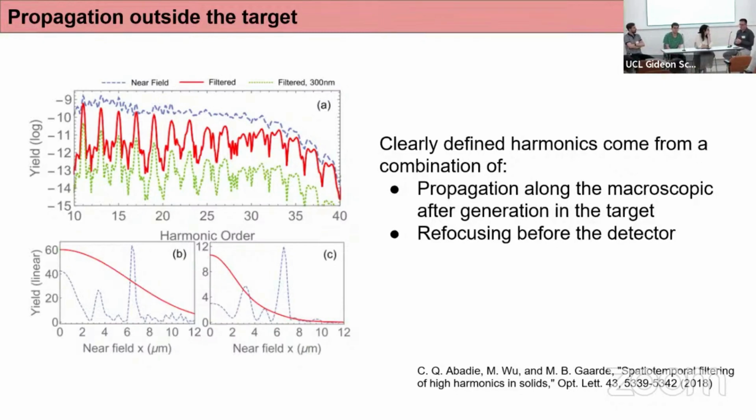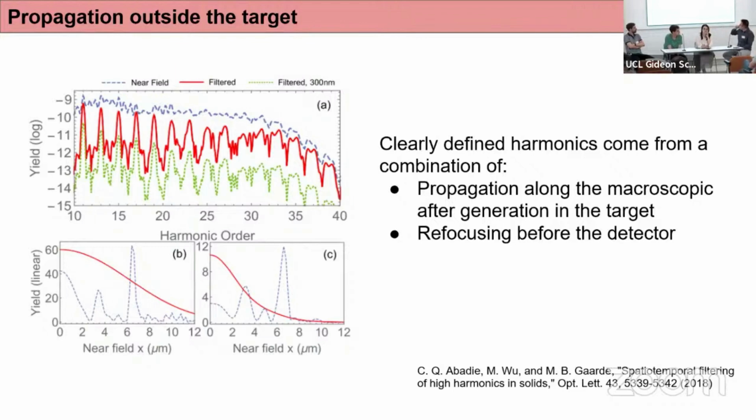They consider the finite size of the laser spot, and also the propagation of the light, so the far field observable, and then the refocusing to the detector.